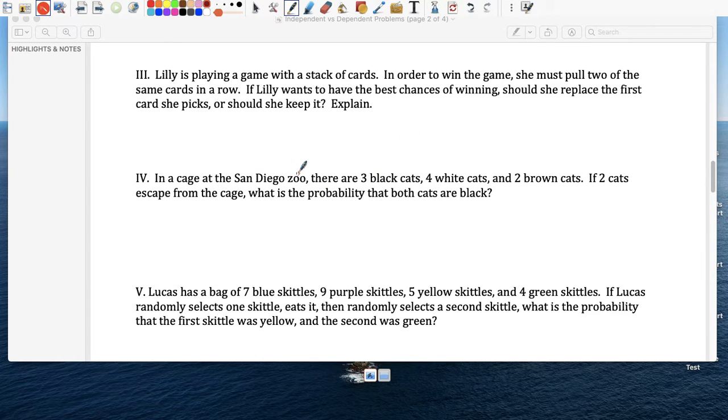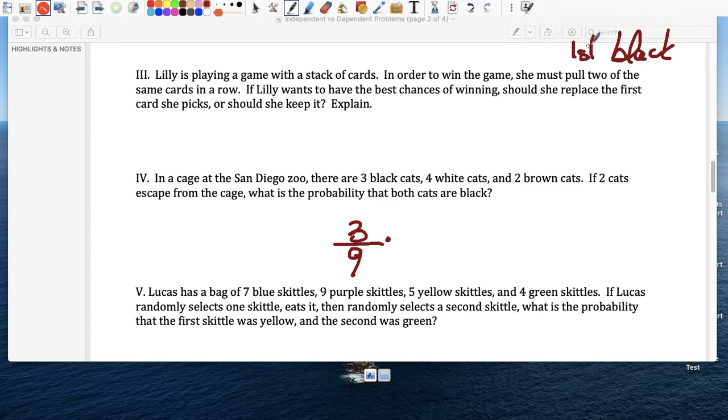In a cage at the San Diego Zoo, there are 3 black cats. If 2 cats escape from the cage, what's the probability that both cats are black? Well, 3 black, so that's 9 cats, and the probability of the first cat being a black cat is 3 out of 9. So let me put the black cat over here.